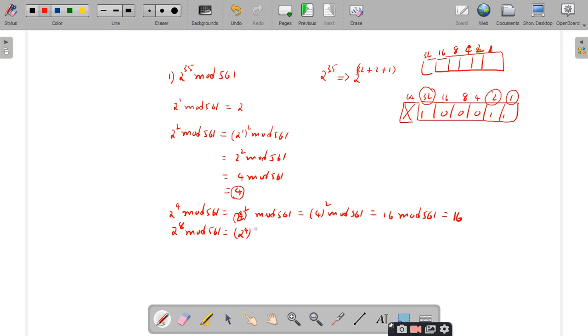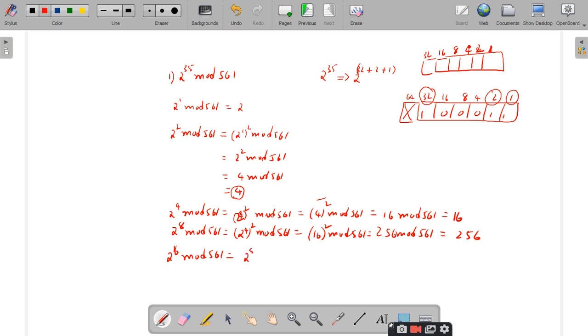That is 2 power 4 whole square mod 561, which is 16 square mod 561. What is 16 square? 256. So 256 mod 561 is 256.